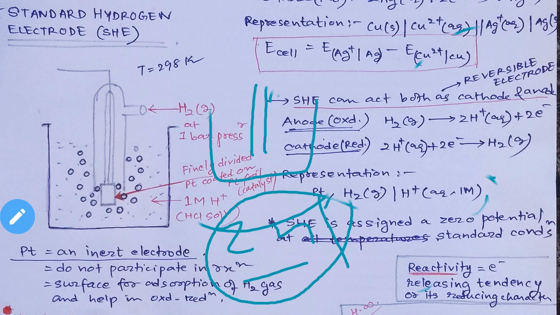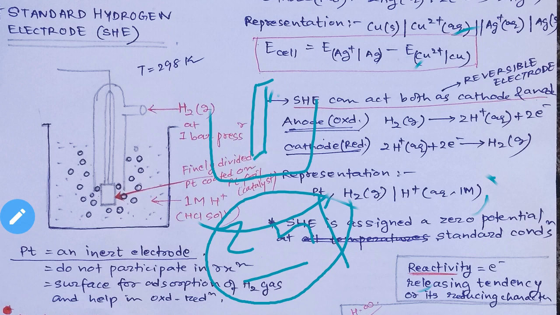See, you can just note down: the electrode potential of any half cell is not possible to find out individually. Okay, I'll repeat that the standard electrode potential of any half cell, only one half cell, cannot be taken out individually.